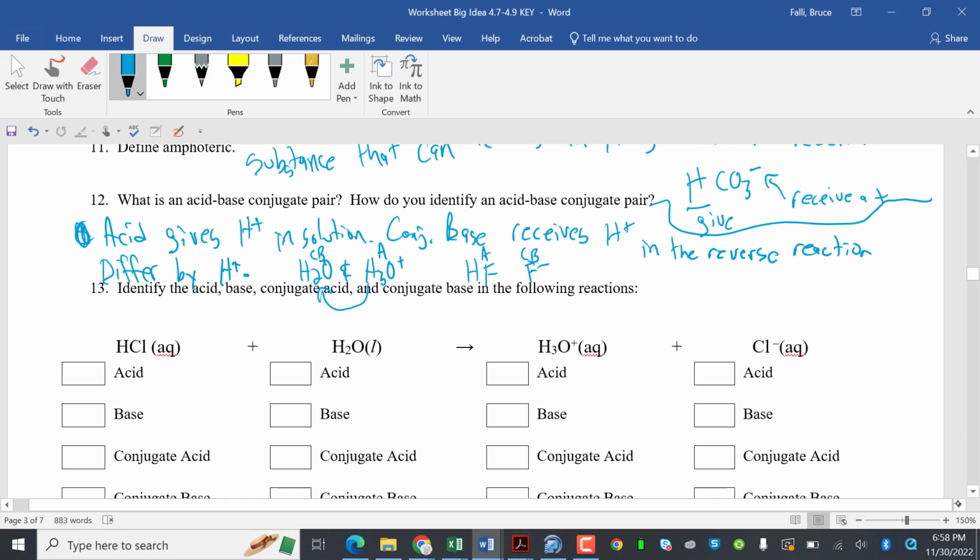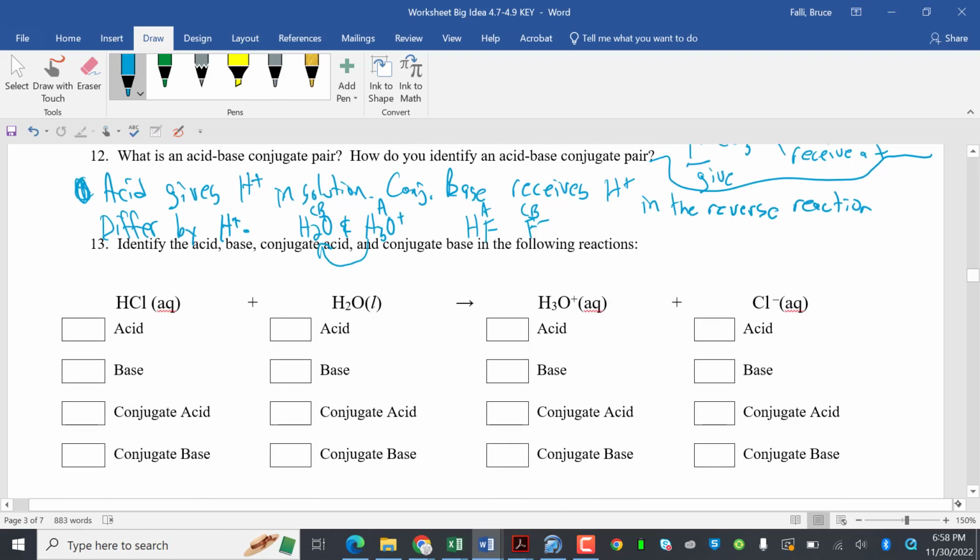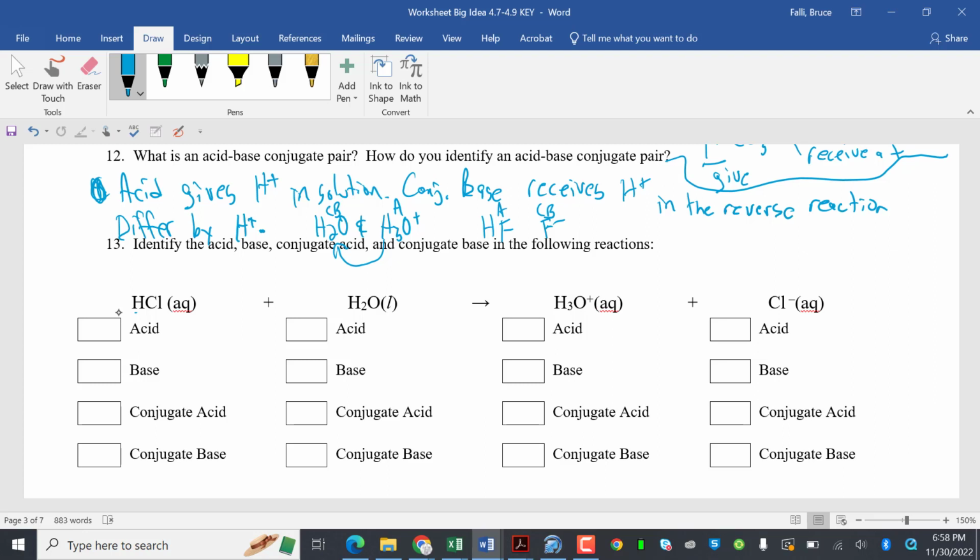Okay. So identify the acid, base, conjugate acid, and conjugate base in the following. Okay. So an acid gives an H positive. So if this gives an H positive, it's going to turn into Cl negative. That's my acid. Now what the acid turned into is the conjugate base. So let me show you how this works for the conjugate base.